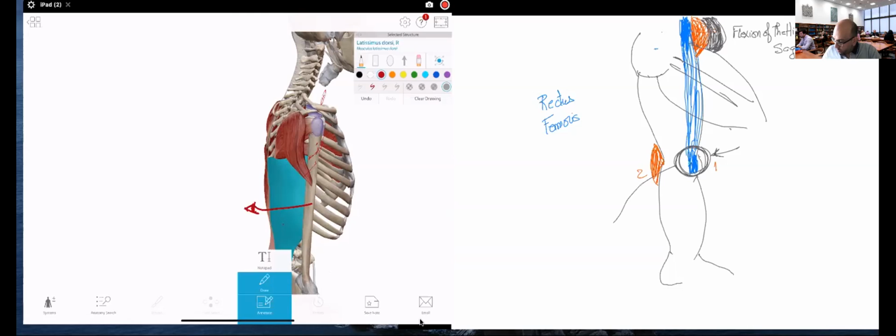So if this was the angle of my joint, like this, and now I contracted the rectus femoris, the angle of the joint will be increased or reduced.